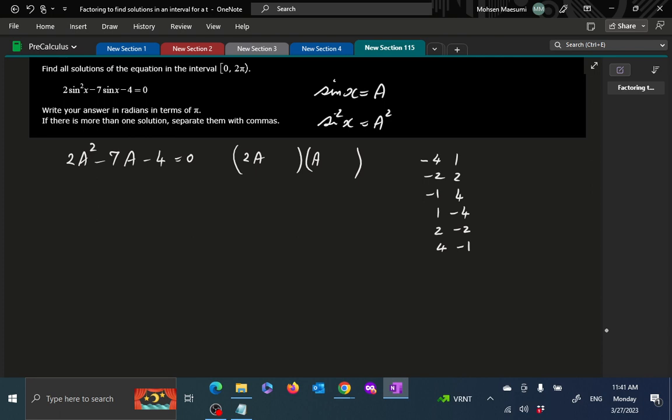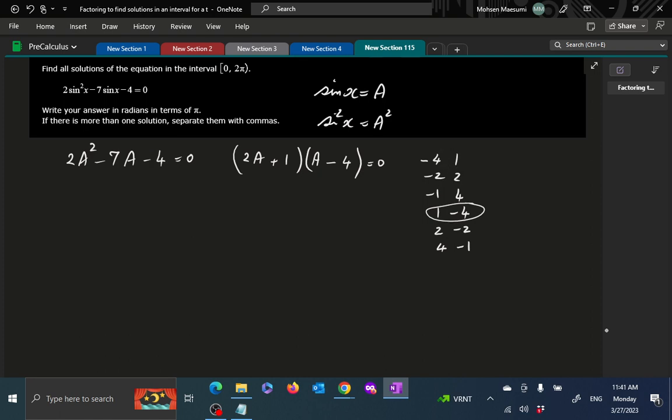So it's obvious that this one is our favorite, because when I say minus 4 times 2, I will have minus 8, and plus 1a gives me a total of minus 7a. So we wrote out how many ways you can factor minus 4.